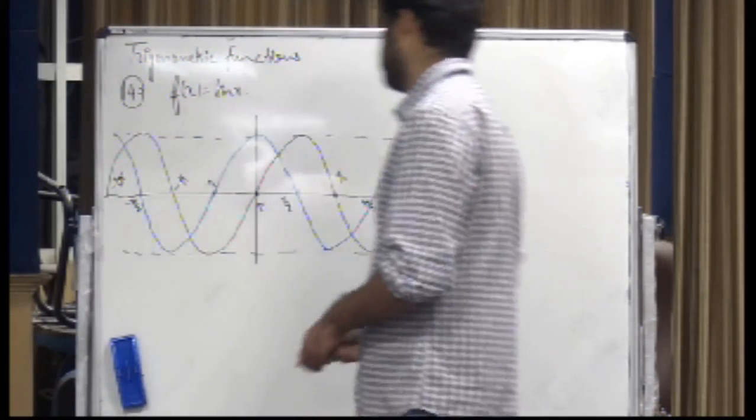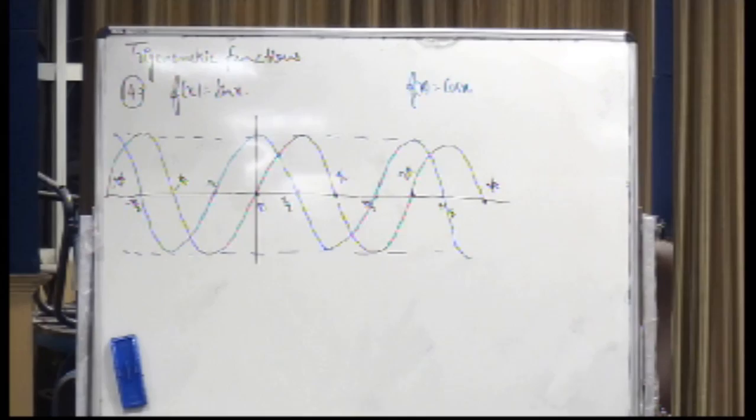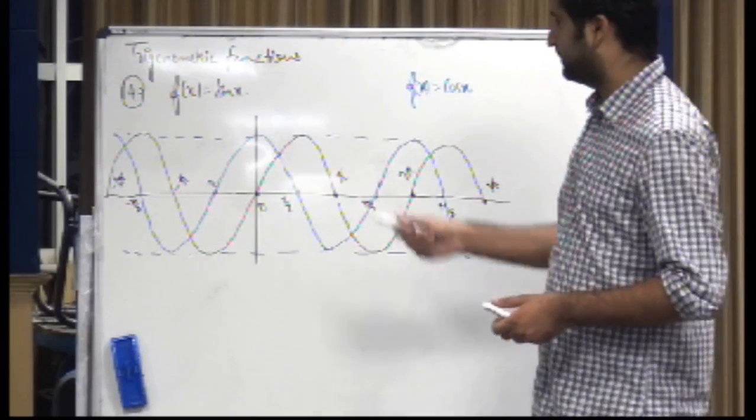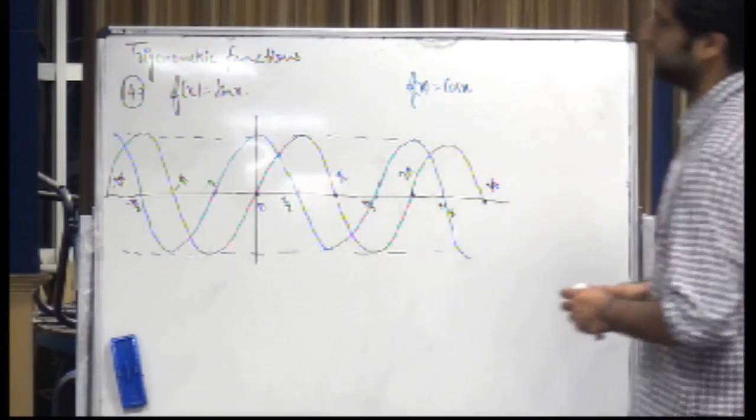Similarly, this graph, right? So one is the graph for sin x, the other one is for cos x. The black one is for sin x, the blue one is for cos x.